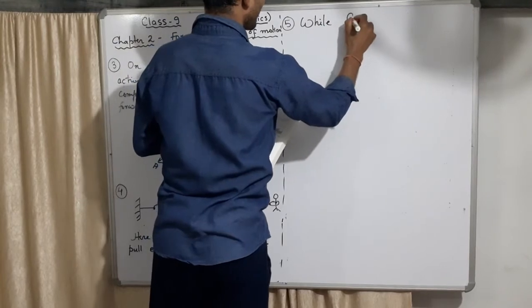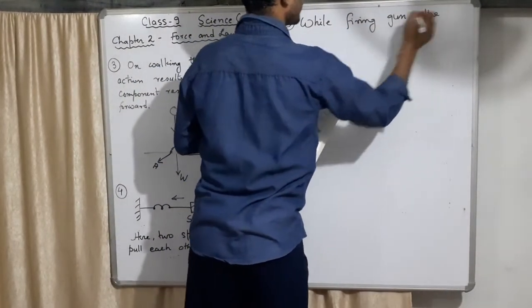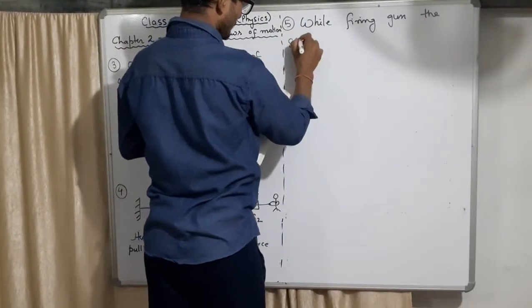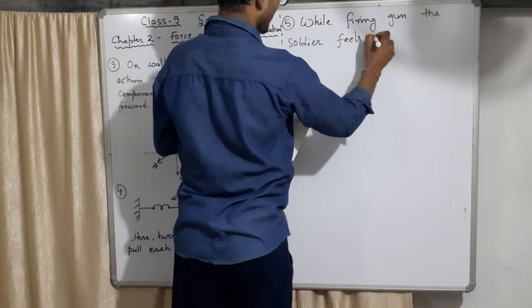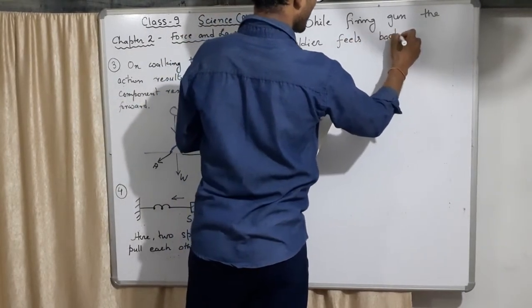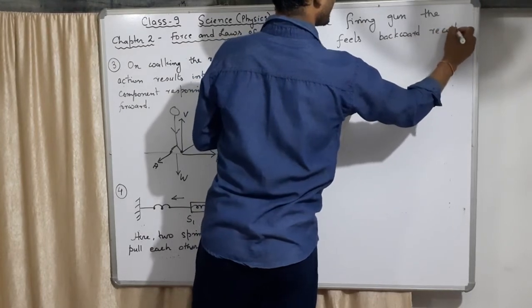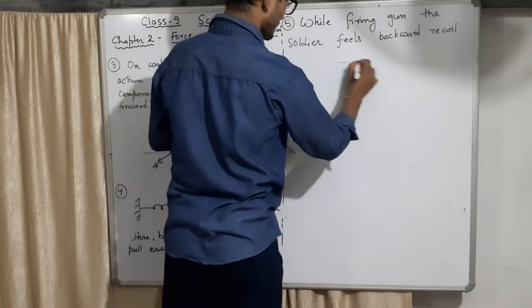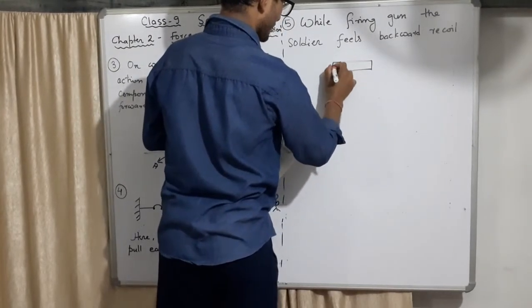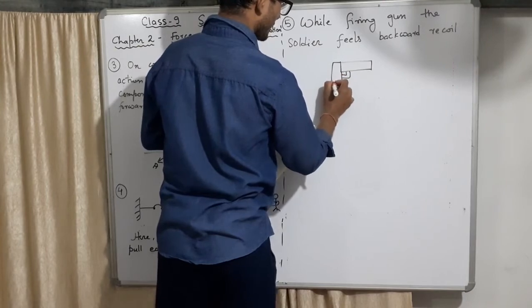While firing a gun, the soldier feels backward recoil. What does this mean? I'm not very good at drawing the pistol and all, still I'll try. Suppose you have a pistol like this.